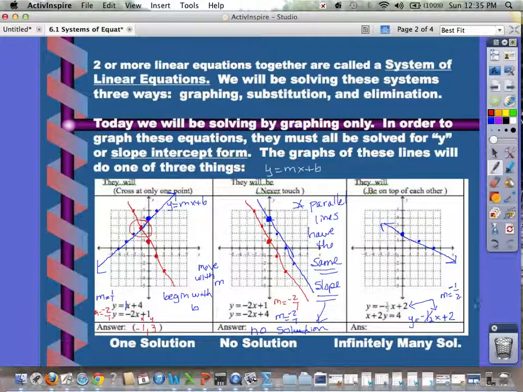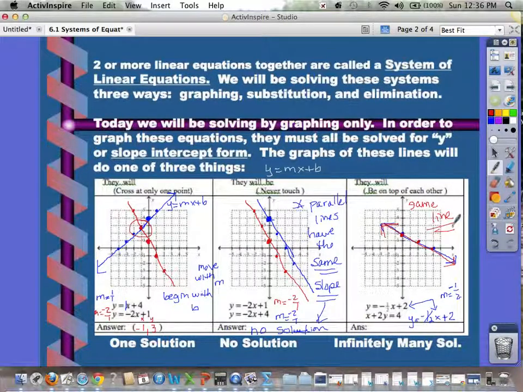Okay, this one is also starting at 2. I'm going to go down 1 and over 2 also because it's the same slope. And notice these two lines lay on top of each other. That's because they are the same exact line. All right, so make a note, same line.